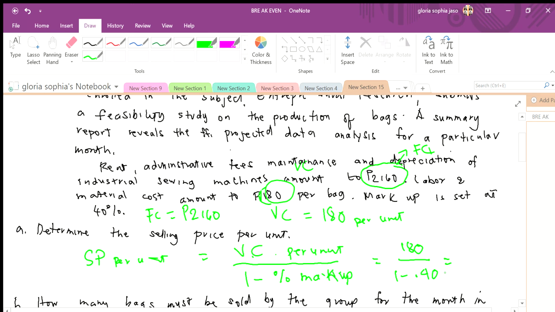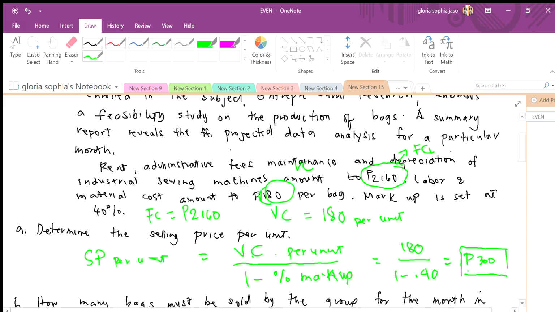So computing it, we have 180 over 1 minus 0.4, that is 0.6. Computing it in the calculator, we will get 300 pesos. Okay, so that is our selling price per unit.